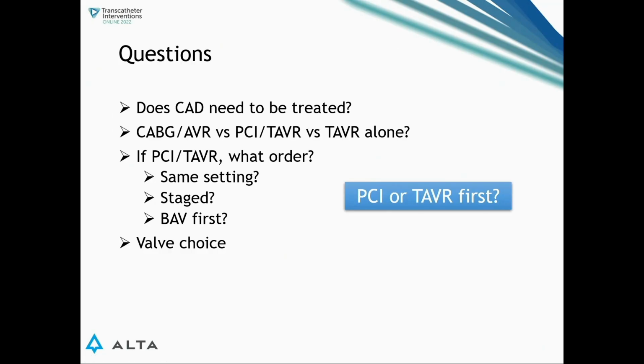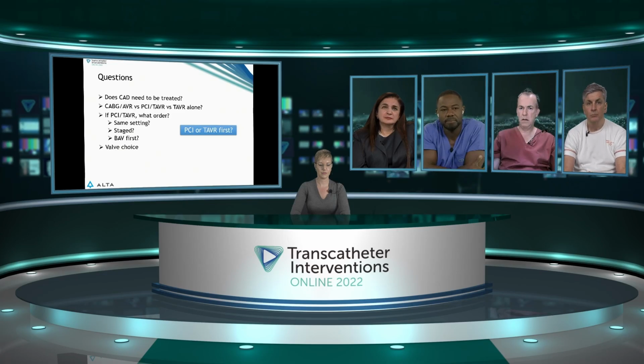So the complete TAVR trial is enrolling patients and randomizing them to either medical therapy or to PCI, complete revascularization, after a successful TAVR, and following these patients to see, is this going to improve their symptoms? Is this going to improve their overall mortality and survival?